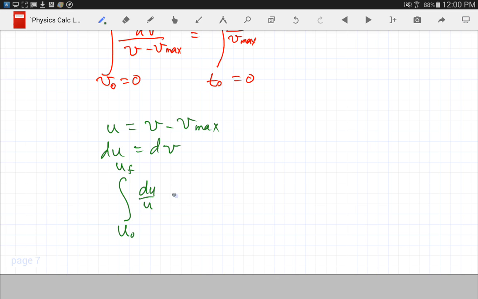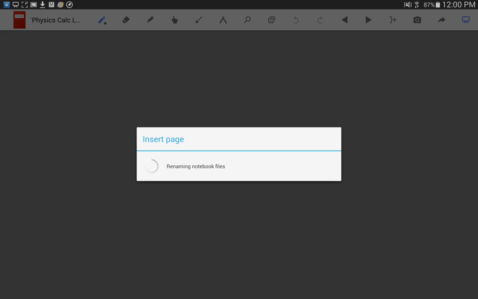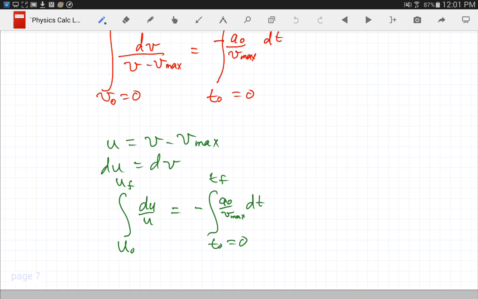Of du over u equals the integral from t0 equals 0 to t final of minus a0 over vmax dt. Now I do the integrals of both sides. Well, what's the integral of the left side? It's going to be natural log of u.